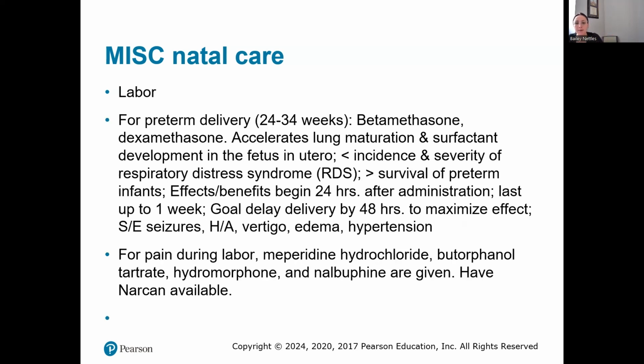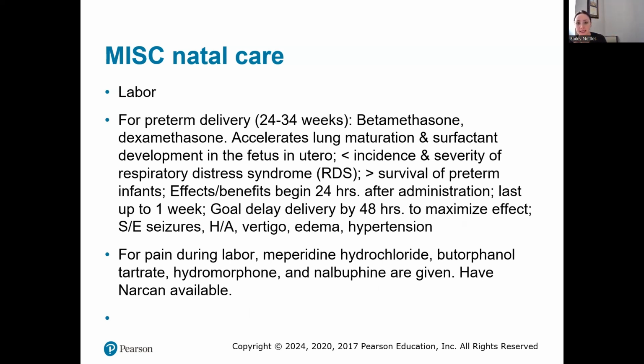All right, so during labor, for preterm labor, I know we talked about the tocolytics, but we also need to talk about things for when premature labor can't be prevented. It's happening during labor. So this is given at 24 to 34 weeks, when the fetus is mostly viable.